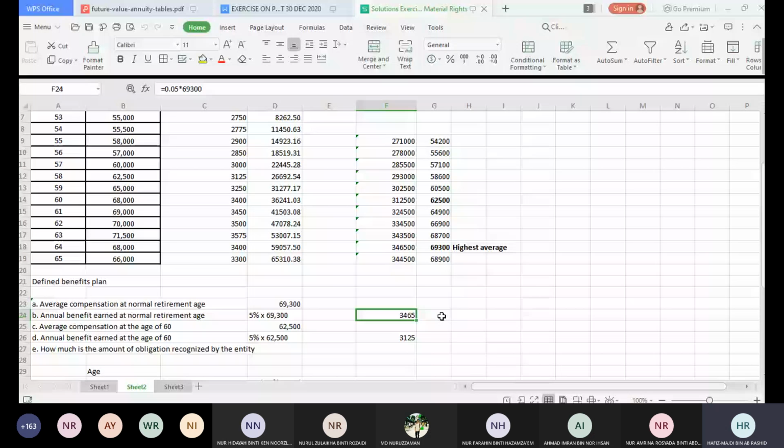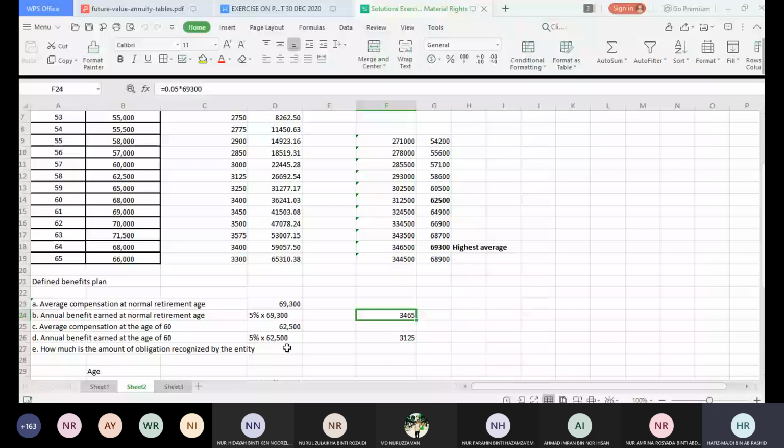But if another employee just retires at the age of 60, then the company will use the highest average of 62500. This is question C and D, and then calculate how much is the annual benefit for this employee. 5% of 62500 is 3125.